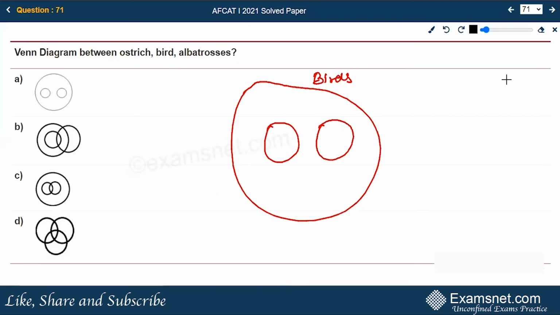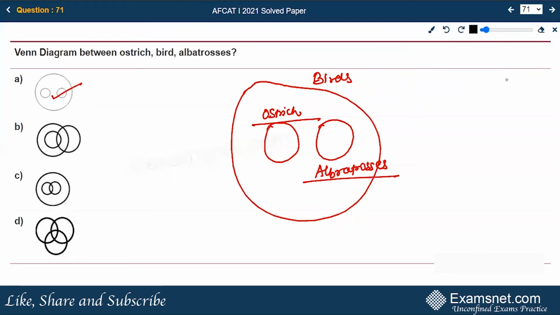But they are different types of birds and they're found at different places. Ostrich and albatrosses, they don't have anything in common. They are different types of birds. So option A is the correct answer to this question.